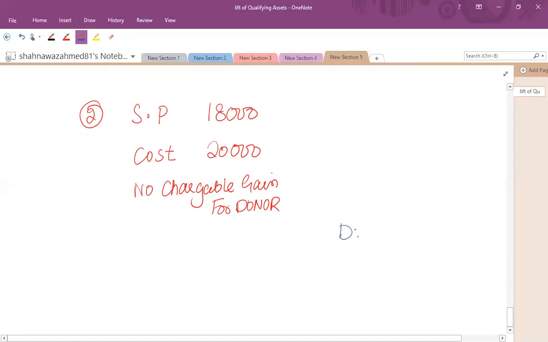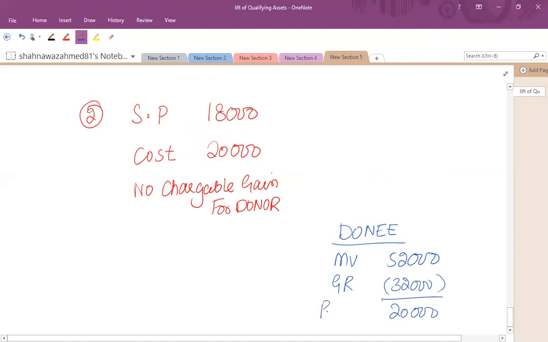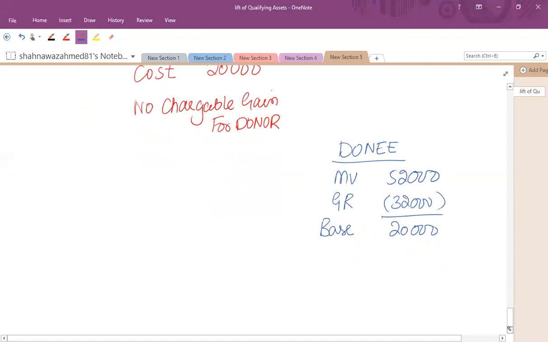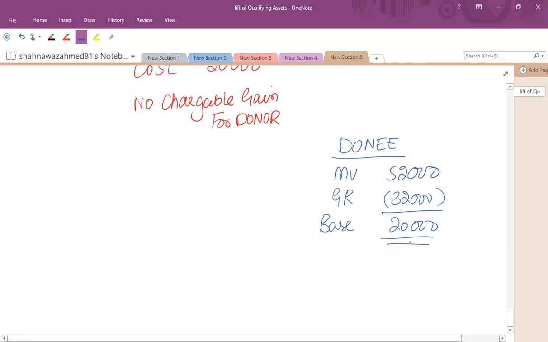For donee, the calculation is market value 52,000, gift relief 32,000, full amount, and 20,000 is the base cost. So this base cost is to be compared for subsequent calculation.